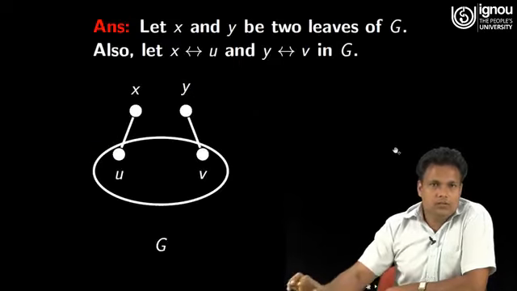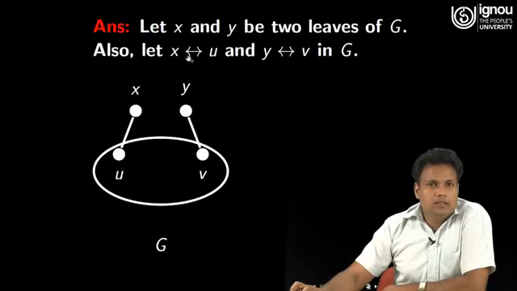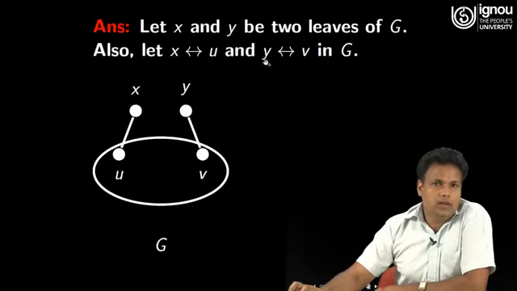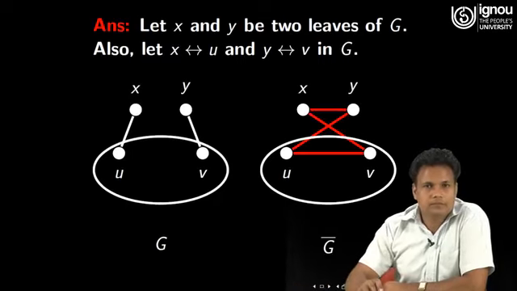We just consider any 2 leaves x and y of G, and let u and v be the vertices in G such that x is adjacent to u and y is adjacent to v. Look at this picture. x and y are the 2 leaves, and u is adjacent to x and v is adjacent to y. Now, let us look at how these vertices look in G complement.